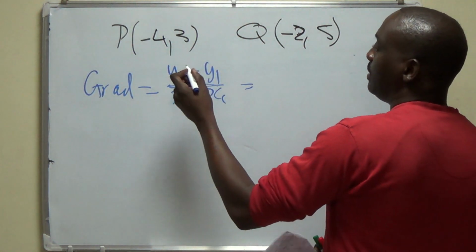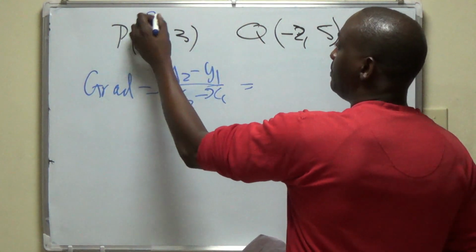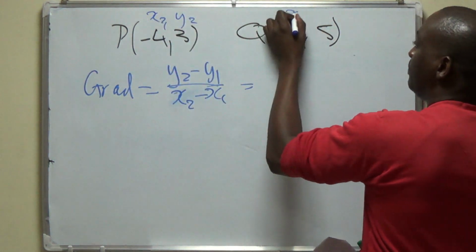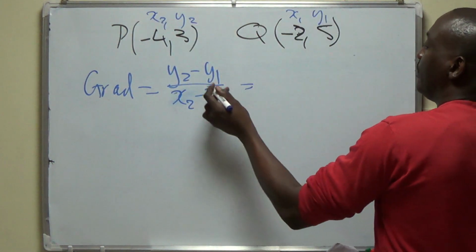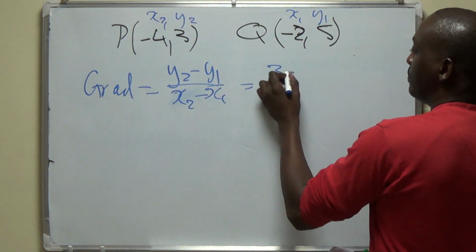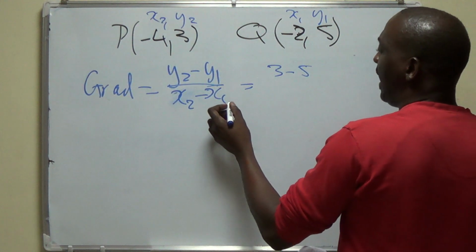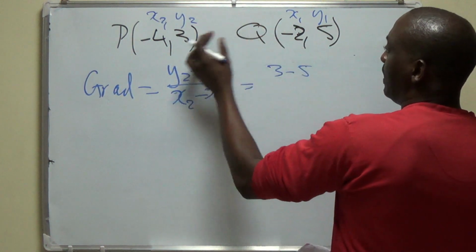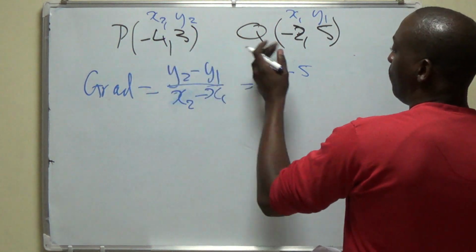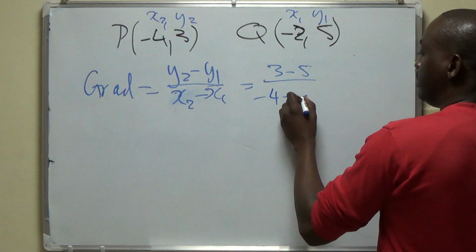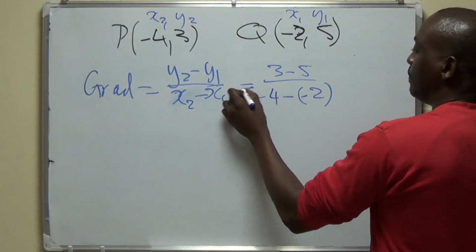So in this case we could say that this is the point x2, y2 and this is the point x1, y1. So 3 minus 5 is y2 minus y1, and corresponding to that we'll have x2 minus x1, which would be minus 4 minus 2.